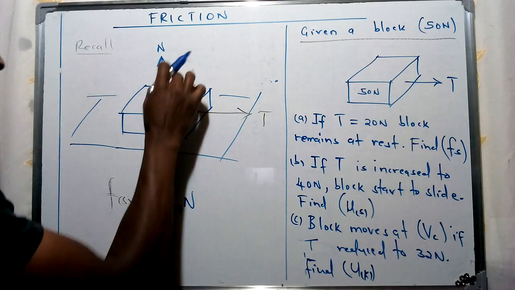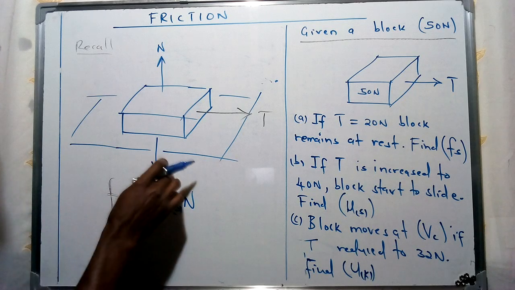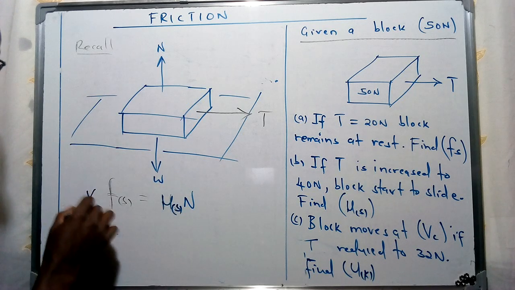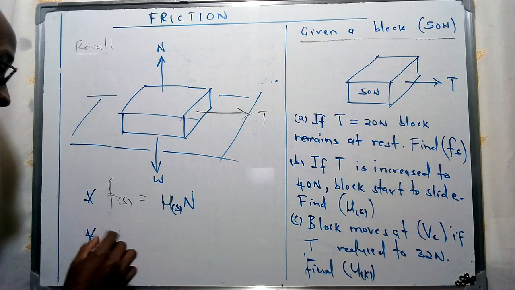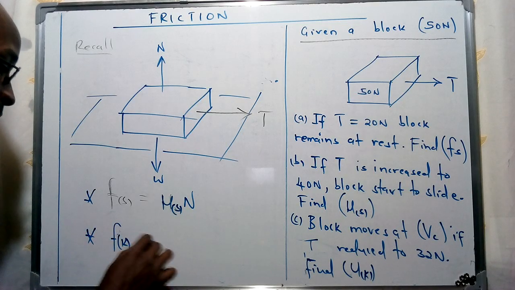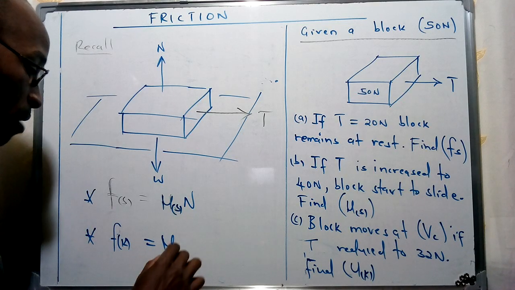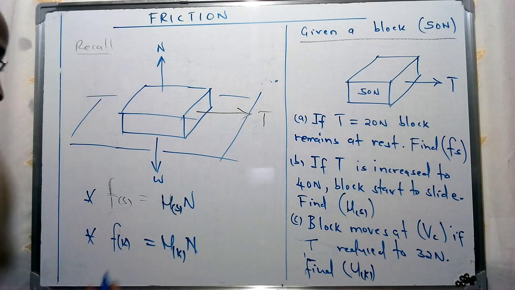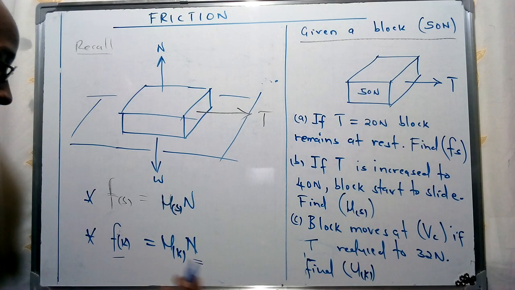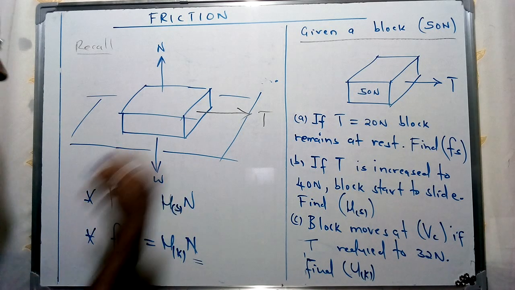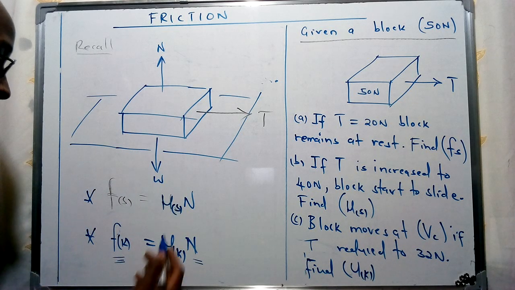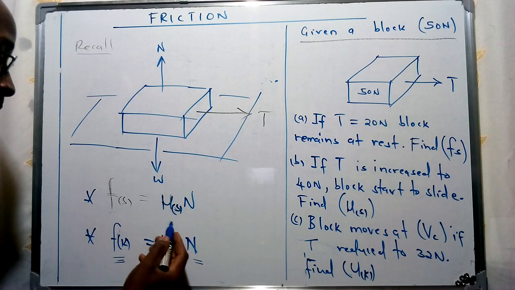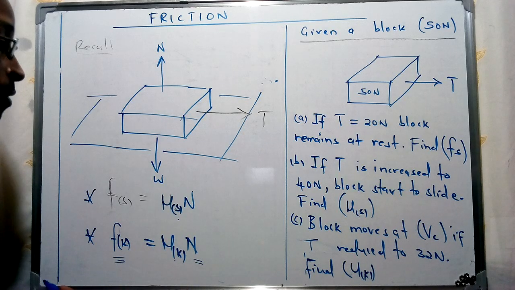Mu s is the coefficient of static friction, and n is the normal force, which is equivalent to the weight. For the second case, we can evaluate kinetic friction using the relationship mu k times n. This is the relationship between the normal force, equivalent to the weight, and the two coefficients of friction, static and kinetic.